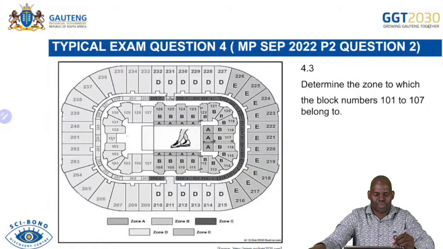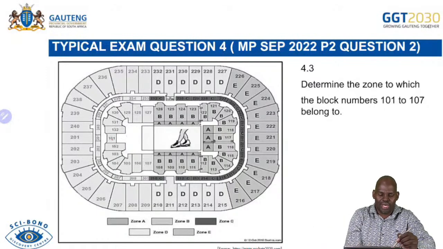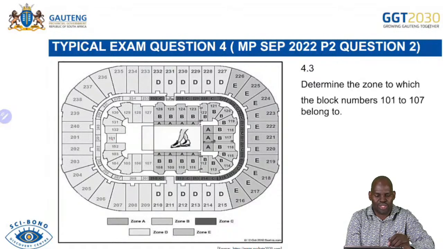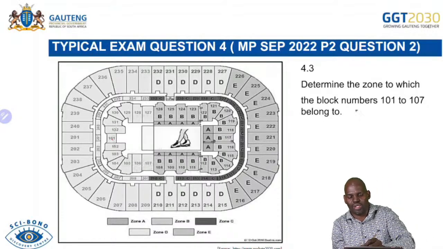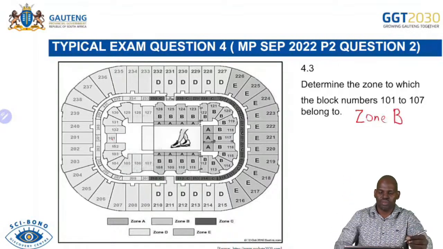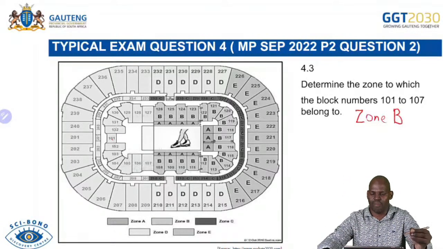But the zone letters are not indicated. But if you look around, you'll see that these numbers actually belong to zone B, because there is zone B around. It's just that the letters are not indicated there. So this one is zone B. That is number 4.3.